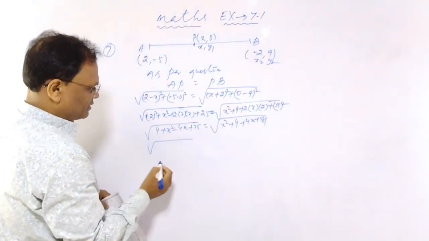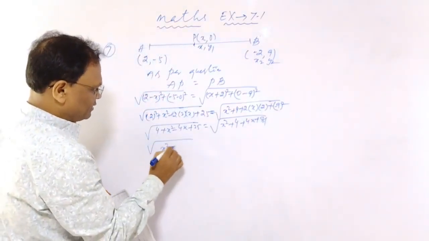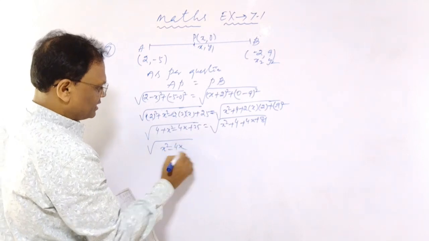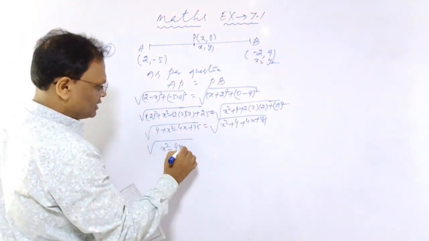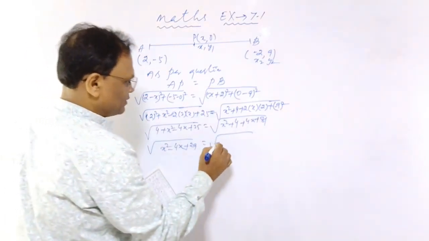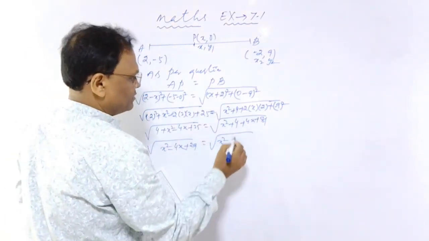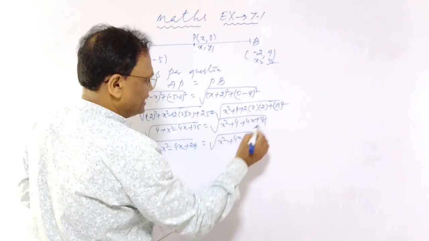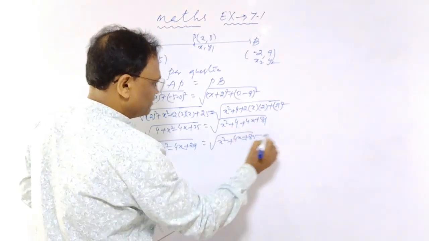If I simplify further: x square minus 4x plus 29 equals x square plus 4x plus 85.